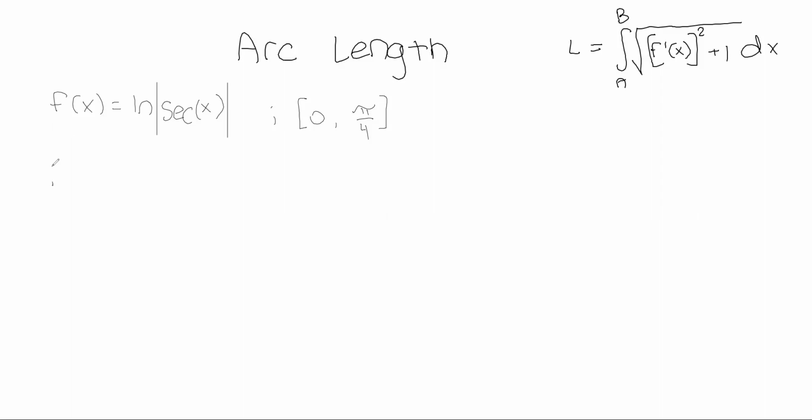So the derivative f prime of x. The derivative of the natural log of a different function is just going to be u prime over u. In this case, u is secant of x. So the derivative of secant would be secant of x times tangent of x.